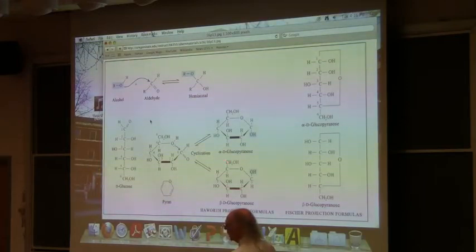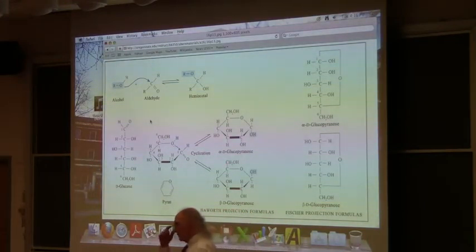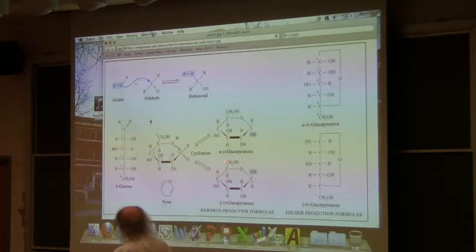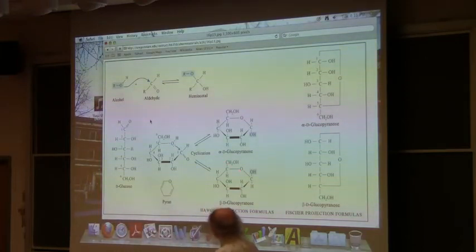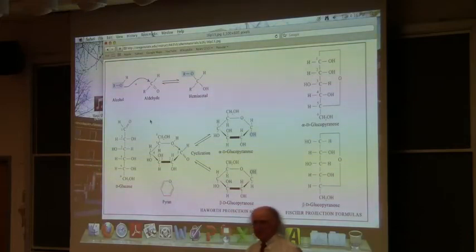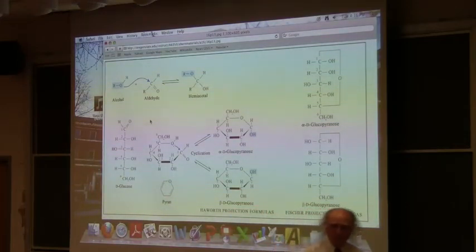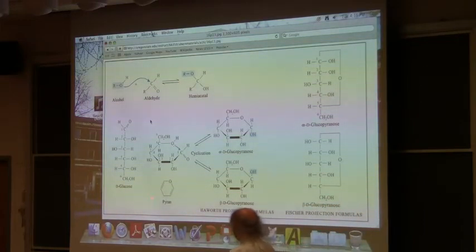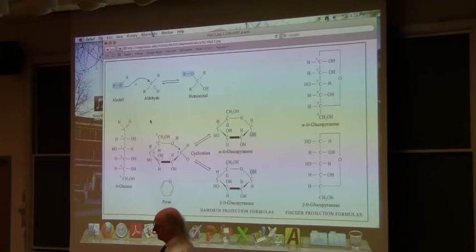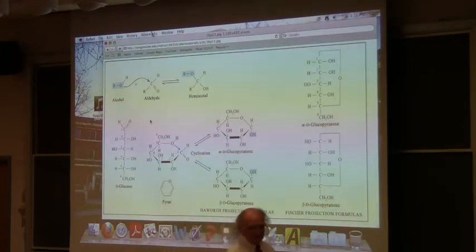You see, it sticks up in this configuration. 6-membered rings are called pyranoses. So glucose in a 6-membered ring is called a pyranose, and that's what pyran looks like right there. So it resembles pyran, and so it's called a pyranose.